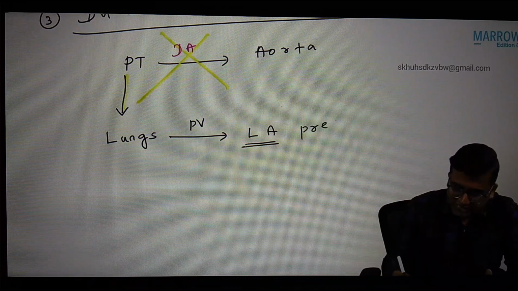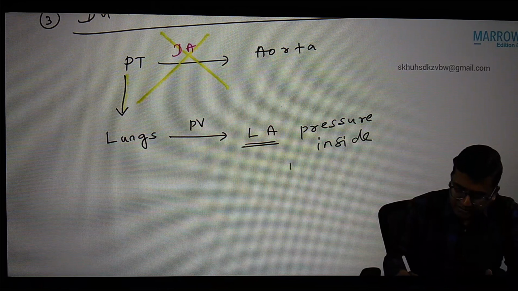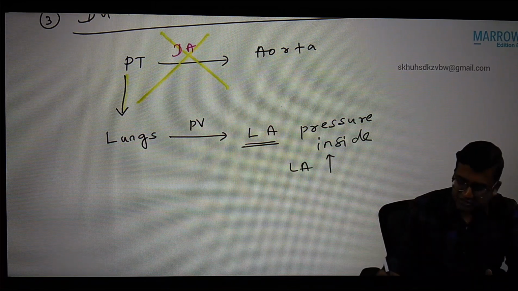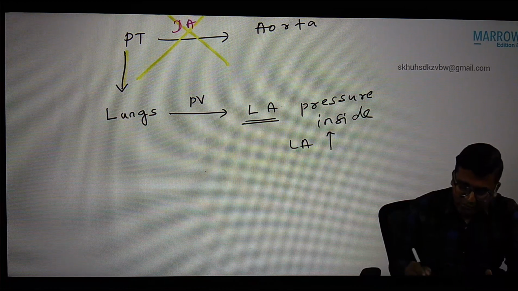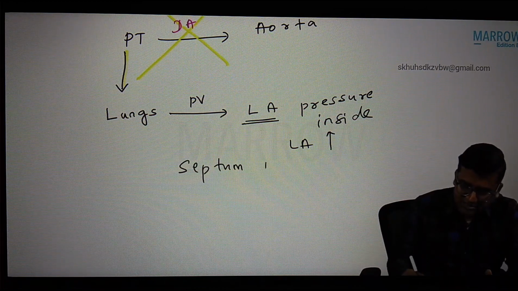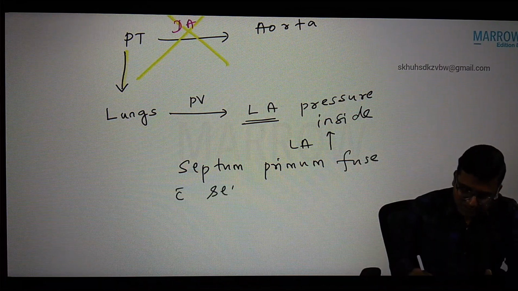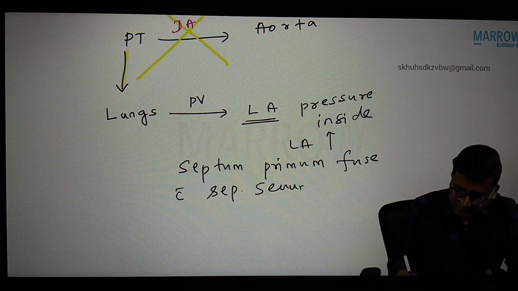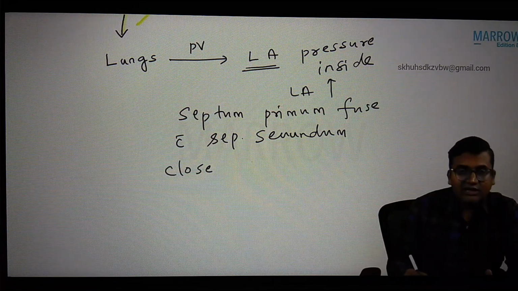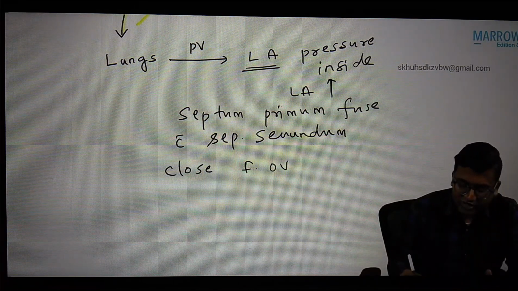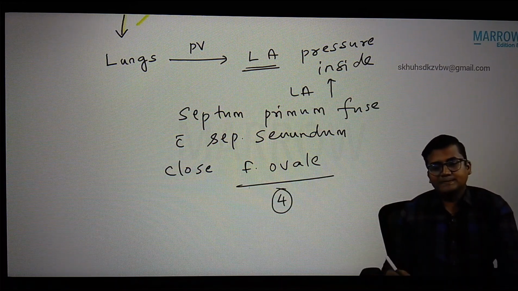Now, the pressure inside the left atrium will increase. What will happen because of that? The septum primum will fuse with the septum secundum and thereby close the foramen ovale.